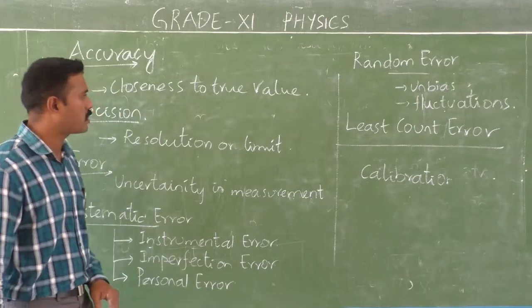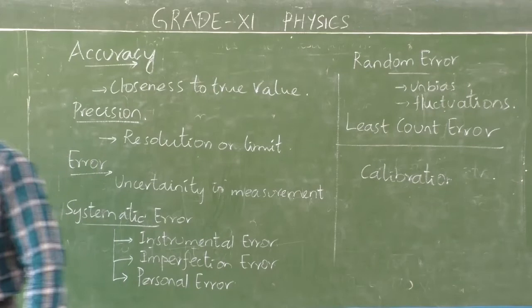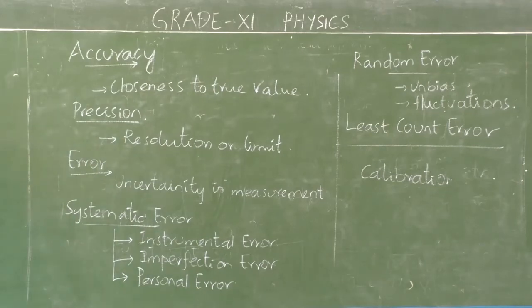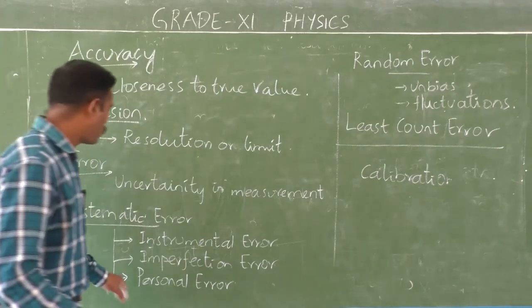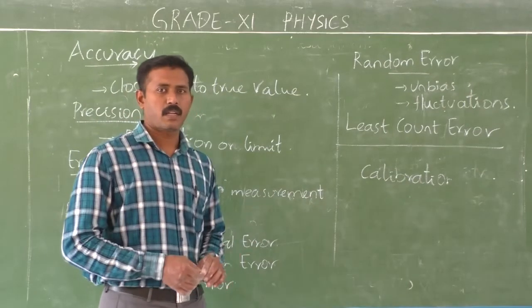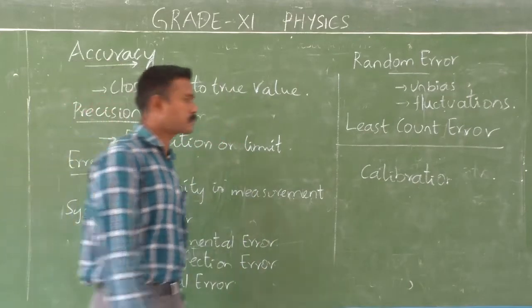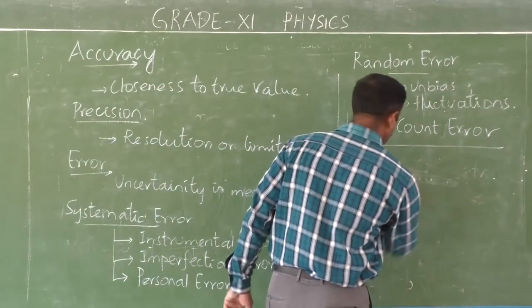Third one is personal error. The personal error arises when there is bias in handling the instrument.